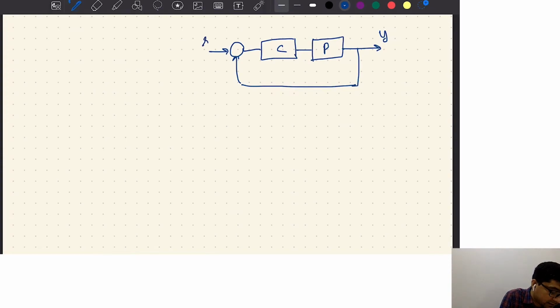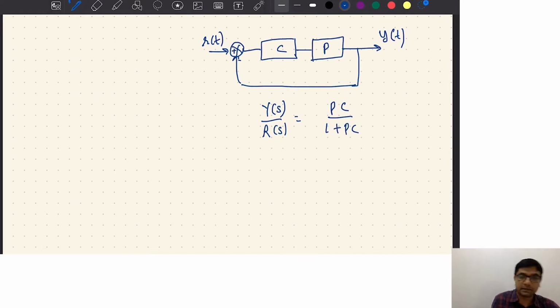So there is a reference signal R of t, there is an output Y of t, and in a negative feedback setting, this will be plus and this will be minus. What is the transfer function from R to Y? This will be PC over 1 plus PC. We have seen this earlier.